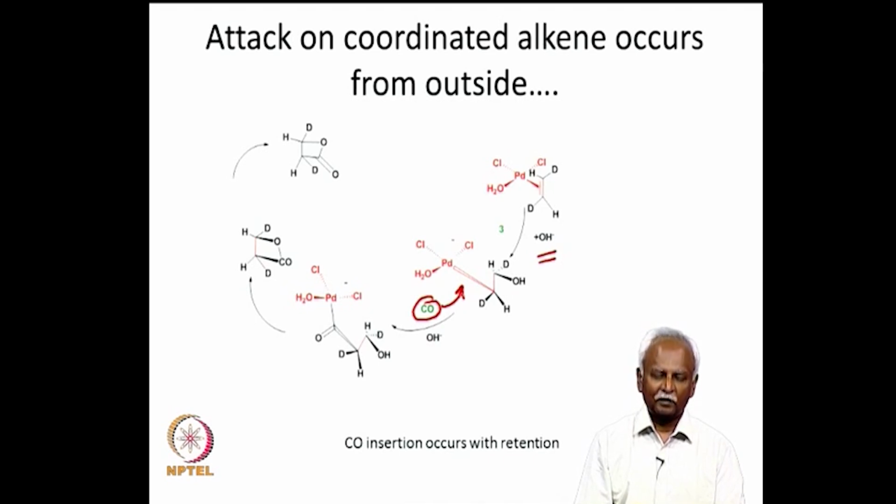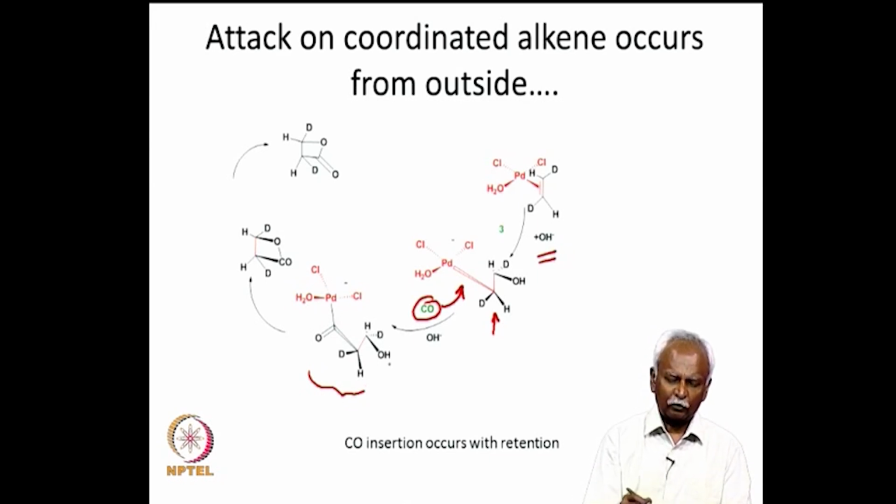If the insertion happens with retention of configuration at the carbon which is undergoing migration, the product that you obtain would have the following configuration. The two hydrogens are still trans to each other, and rotation of this oxygen is needed in order to generate a lactone.